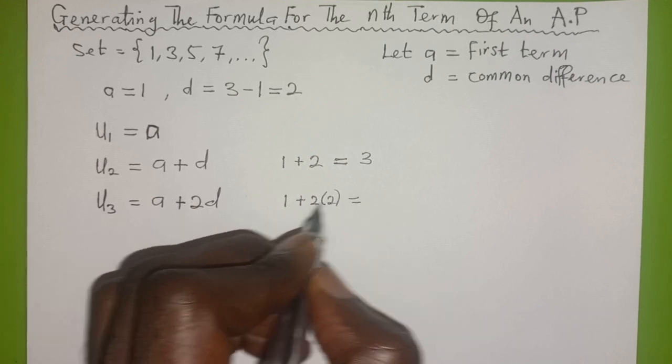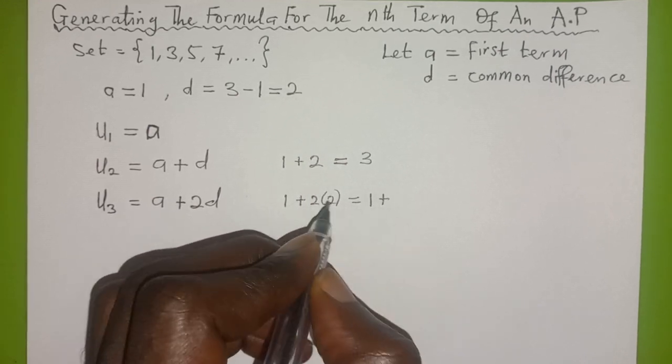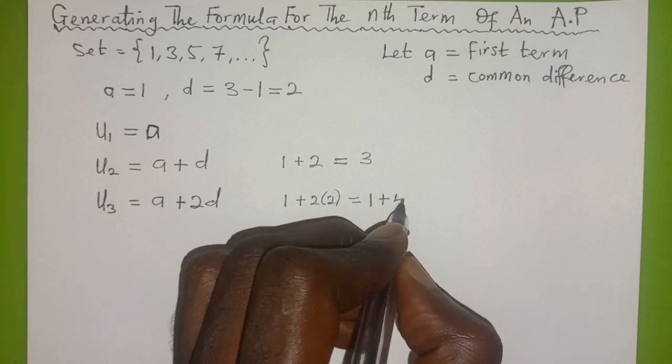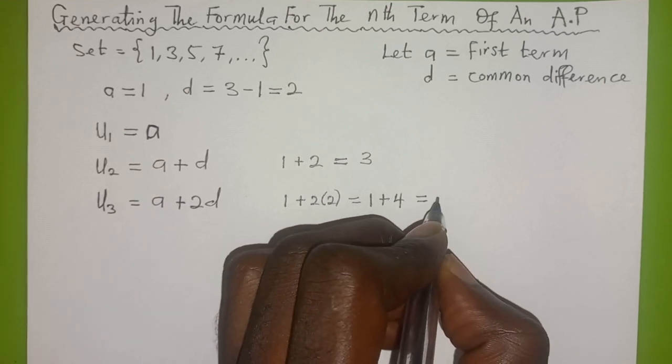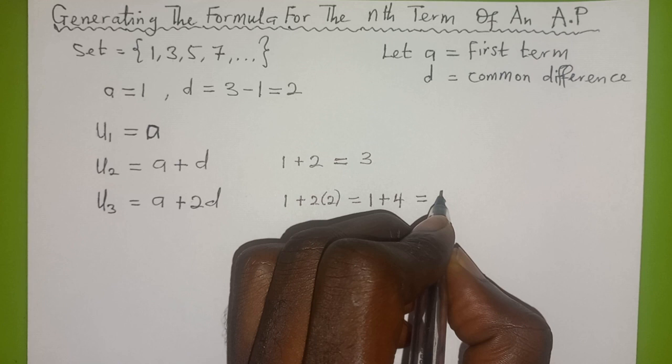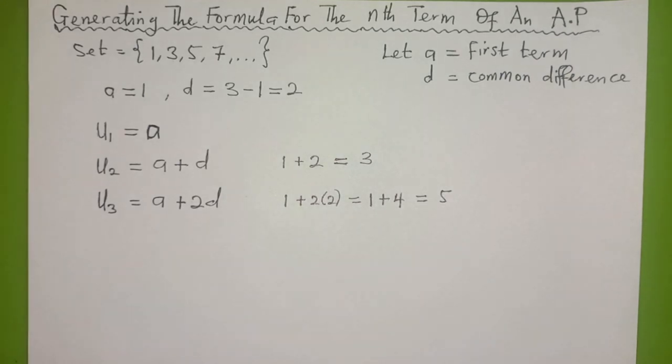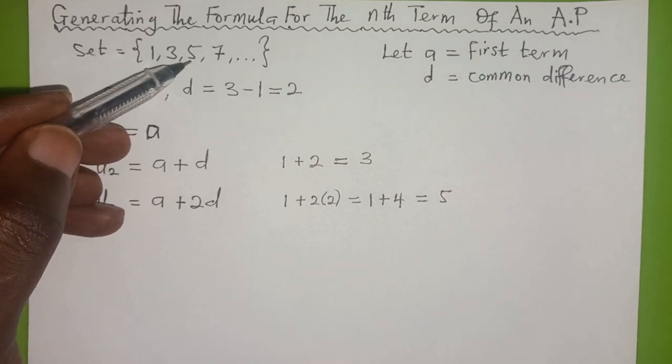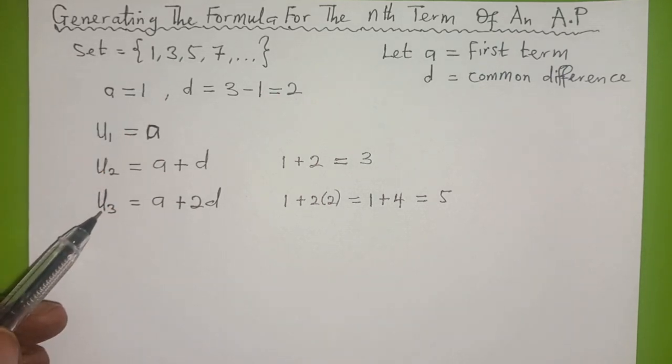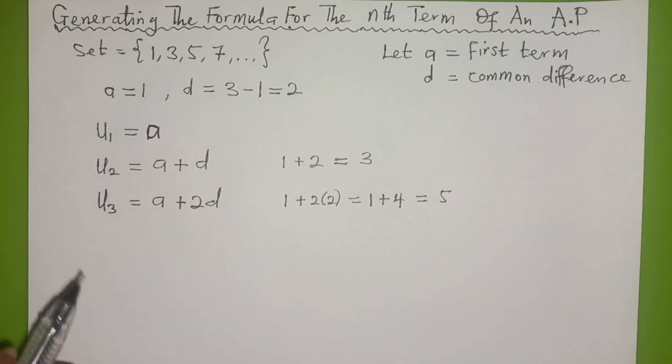Now this is going to be 1 plus 2 times 2 is 4, which will result in 5 as the answer. So what that simply means is that our 5 is our third term, and it is true. U3 is 5.